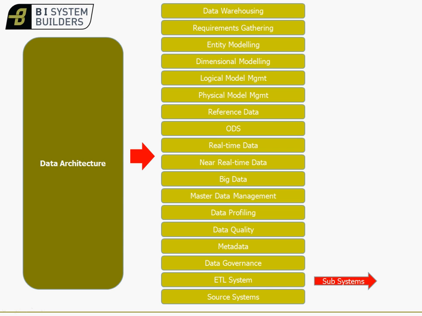And physical models, because a physical model may change from a logical model. Let's think about an example. In my logical model, I may have defined a composite key of 12 different key fields to make a concatenated key as a primary key.